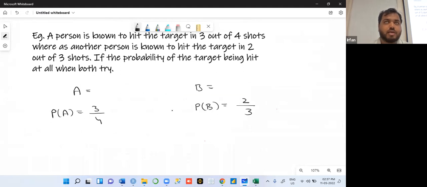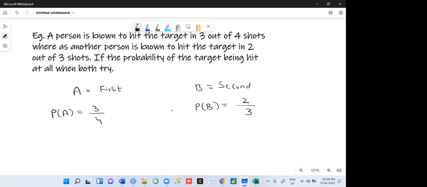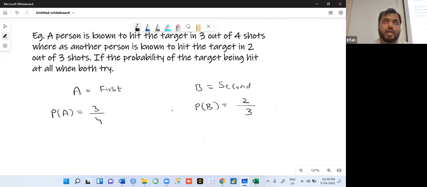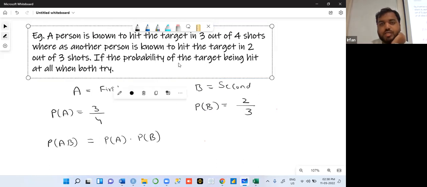Out of 3, 2 times he hit the target. What is the probability of the target being hit when both try, A and B both firing, and both persons are independent? For example, I fire with the gun and you fire with the gun. We both are independent, so we have to multiply this way. Clear? Anisha, should I repeat? Clear, sir.